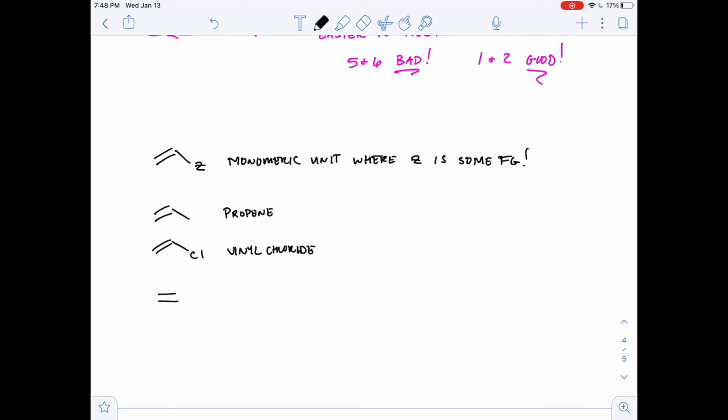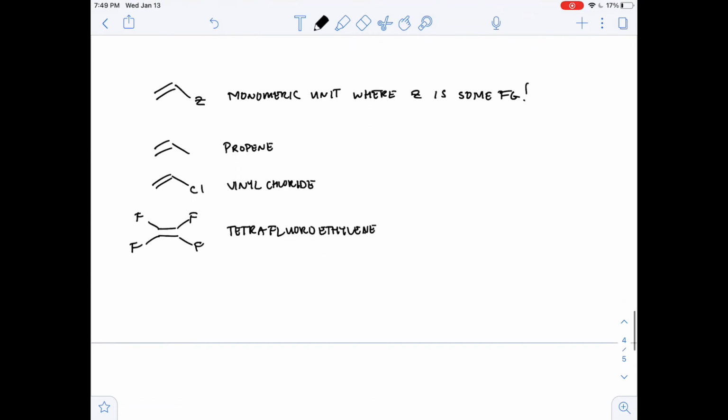Vinyl chloride, where Z is Cl. And then this is tetrafluoroethylene. Well, obviously the Z is the fluorine, but there's extra on there. Tetrafluoroethylene. Dang, I cannot write. I think it's my pencil. It doesn't like me right now.